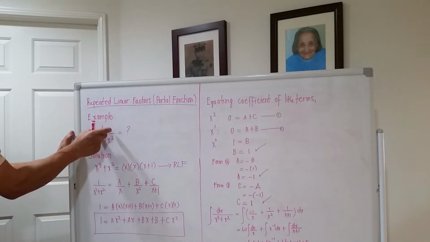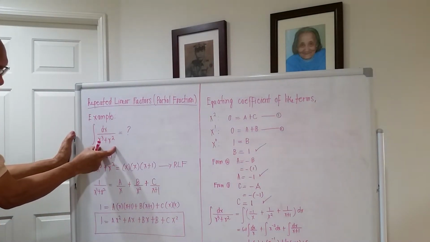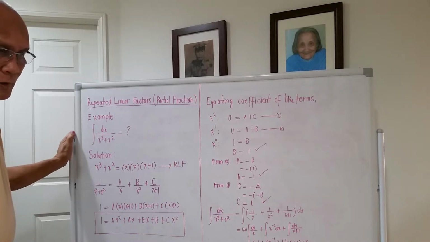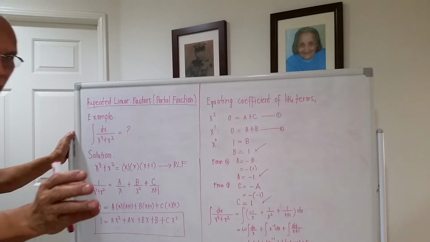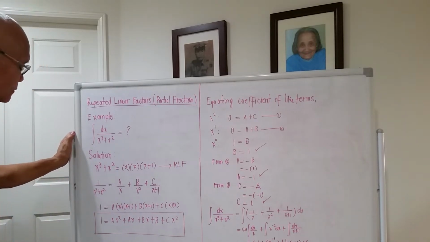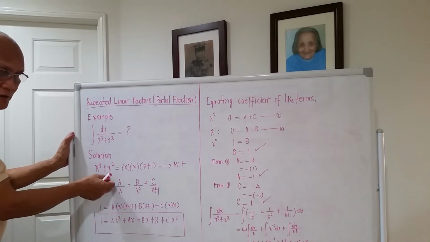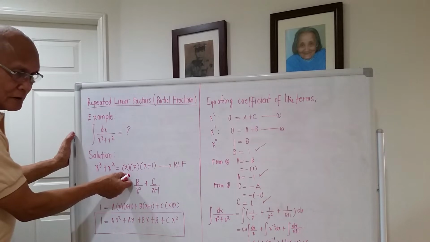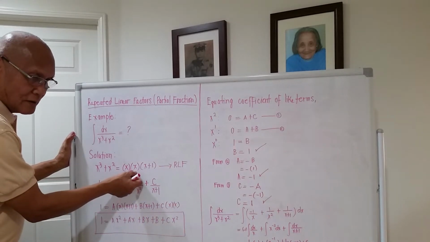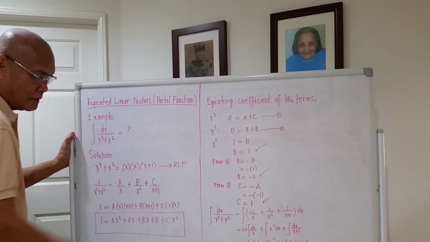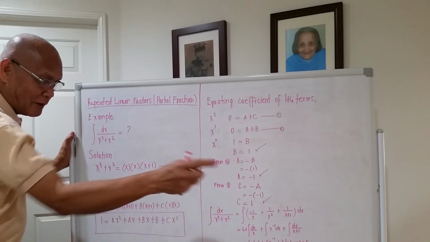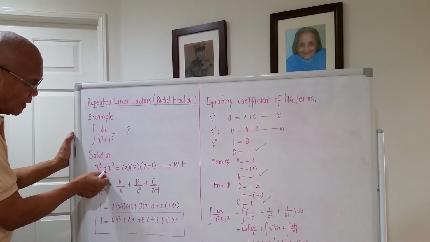The integral of dx over x cubed plus x squared. Okay, let's bring out the solution. X cubed plus x squared can be written as the product of x times x times the quantity x plus 1. If we expand this, what will come out is x cubed plus x squared.